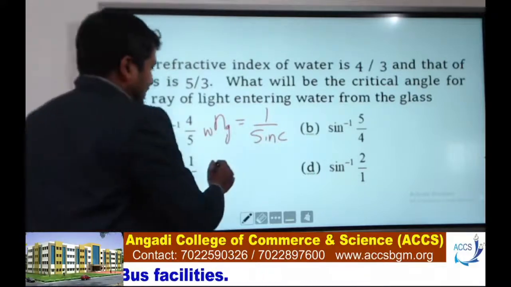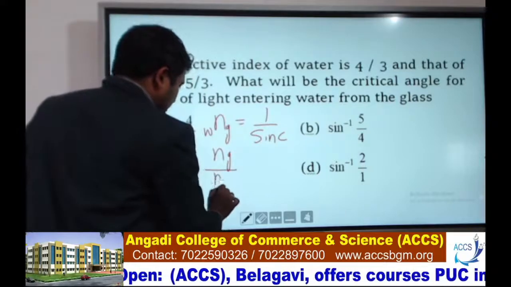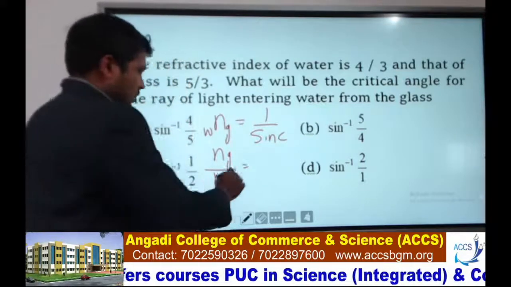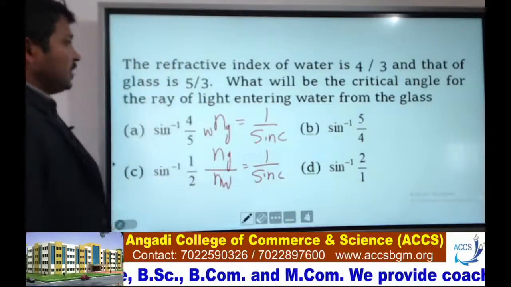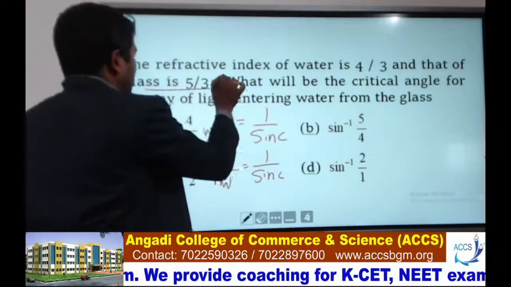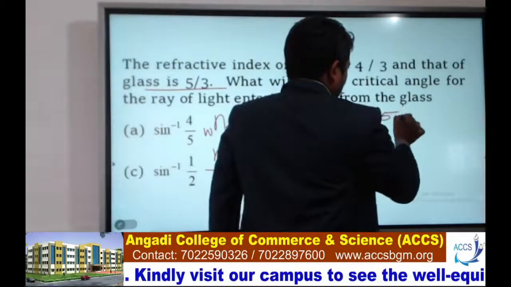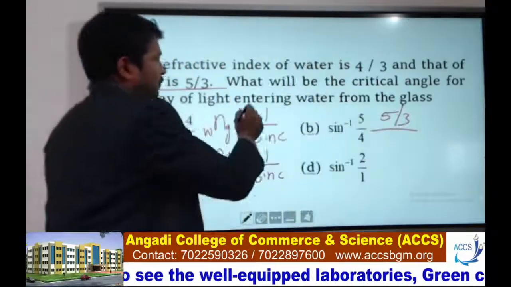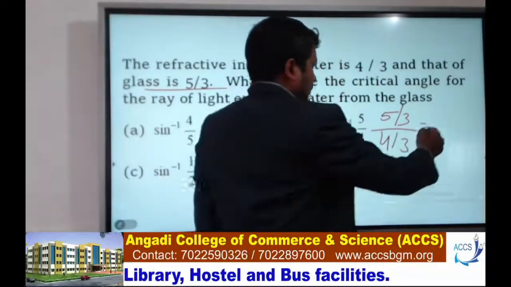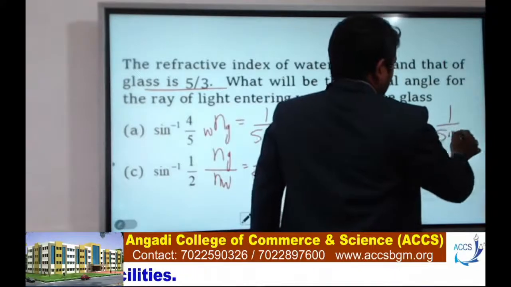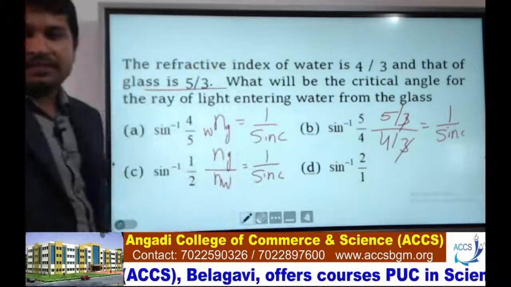Now, students, refractive index of glass divided by refractive index of water equals 1 divided by sin C. Yes. What is the refractive index of glass here? 5 by 3 divided by refractive index of water 4 by 3 equals 1 divided by sin C. Here 3 and 3 get cancelled. What happens, students?